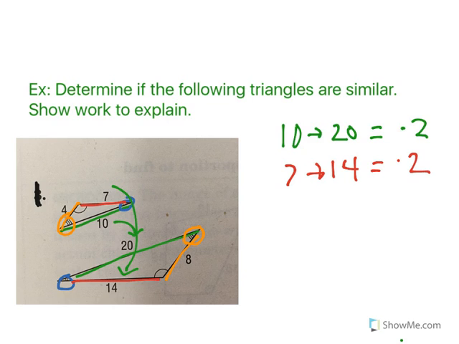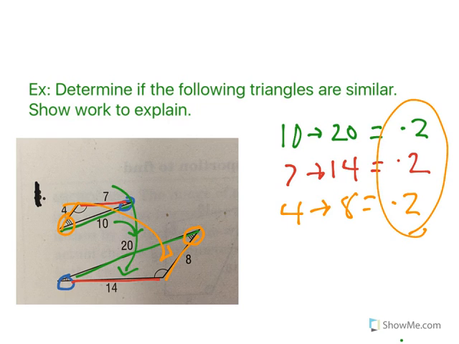Finally, if we go from 4 to 8, we also multiply by 2. Because the corresponding sides show a pattern, we can say that yes, these triangles are similar because their corresponding angles are congruent and their corresponding sides are proportional. And explaining just means show me the work. Show me that they have some pattern.